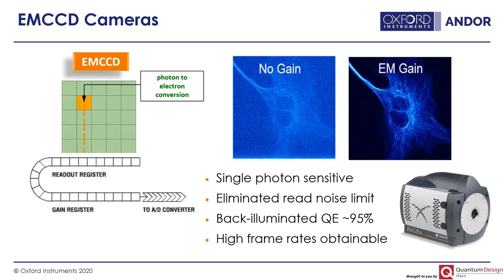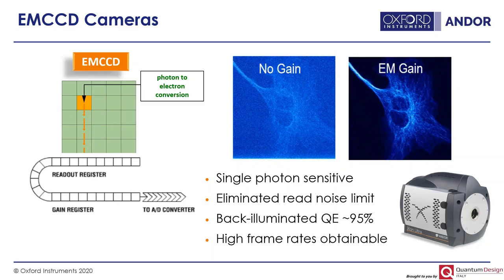Another option for imaging plasmas is EMCCD cameras. EMCCD cameras are similar to CCD cameras. However, after the readout register, you have an extra register, called the gain register, in which through impact ionization, the photoelectrons that you're reading off are multiplied up and then read off, which allows you to achieve much better signal to noise ratio than typically you would find in a CCD camera.